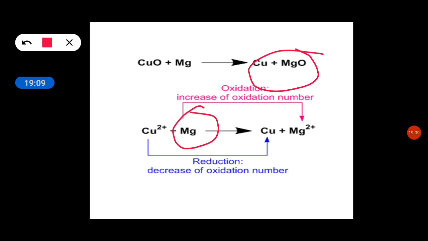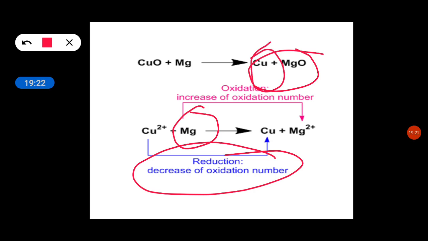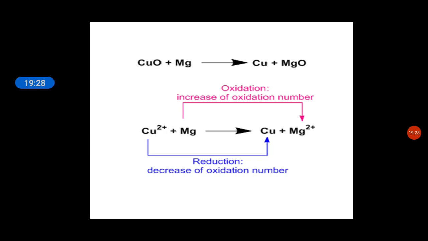Below, you are finding the reduction, a decrease of oxidation number. In copper you are finding a decrease in the oxidation number, and in magnesium you are finding an increase in oxidation number. This is your oxidation and reduction example.